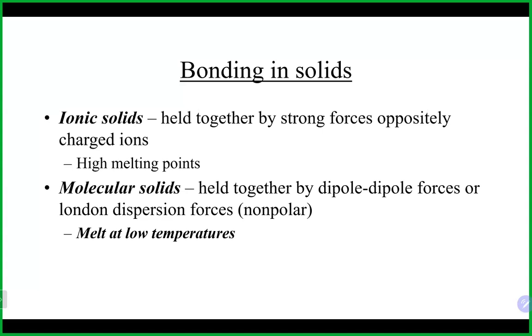Molecular solids are held together by basically intermolecular forces. They typically will have a much lower melting point temperature. So again, the difference here between how these guys are held together: we have intramolecular forces on the top and intermolecular forces on the bottom.